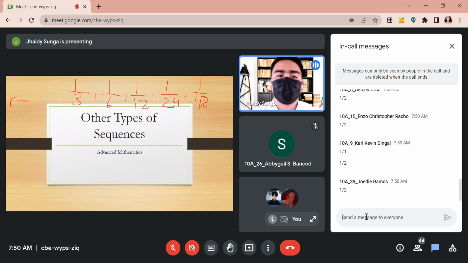Okay? So, if the common ratio that we have is 1/2, now, what is our first term? Our first term is 1/3. What is our N? How many terms are there? We have 1, 2, 3, 4, 5. So, our N is 5.